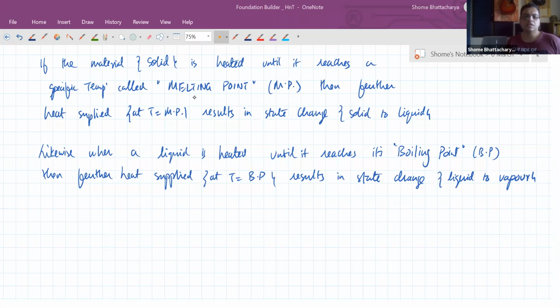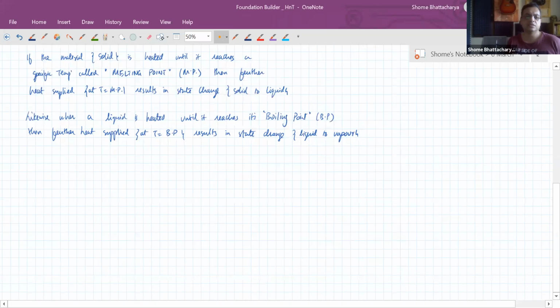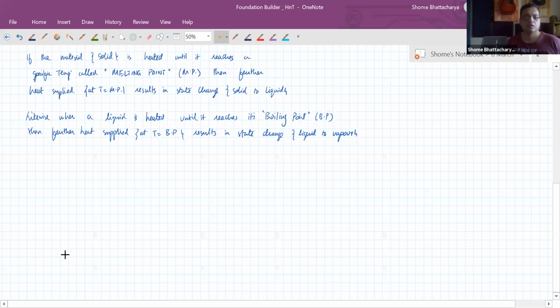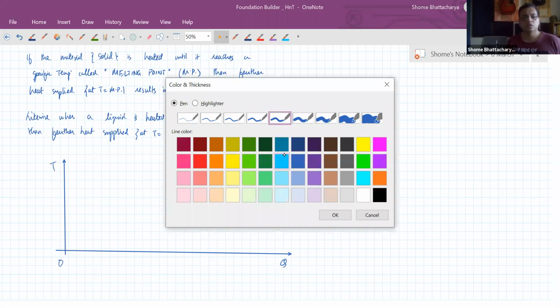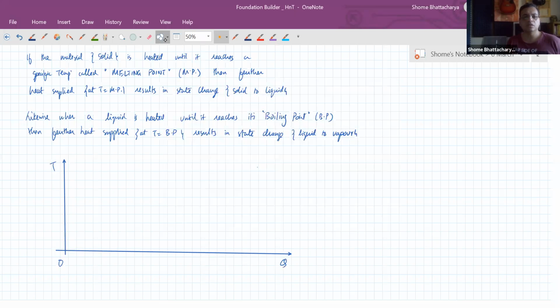So this aspect of heat exchange we can look at like this, that now for example if we start with a solid material, so initially the solid is undergoing heating, so the temperature is rising with the amount of heat supplied, but at a certain stage we will reach a temperature called the melting point.